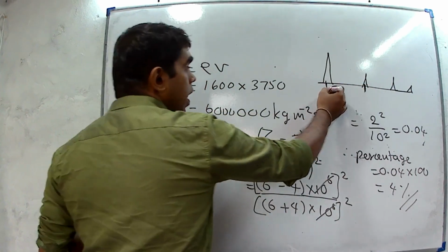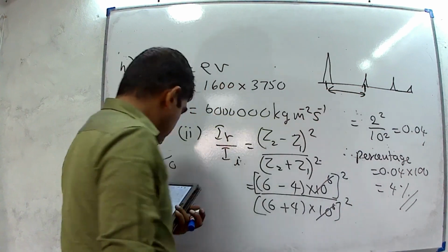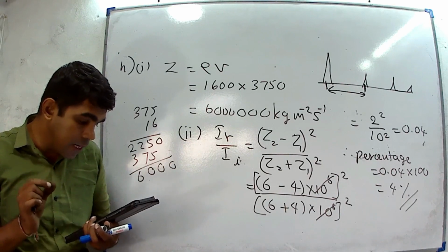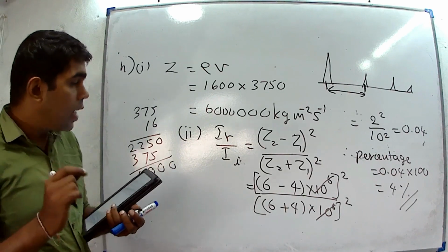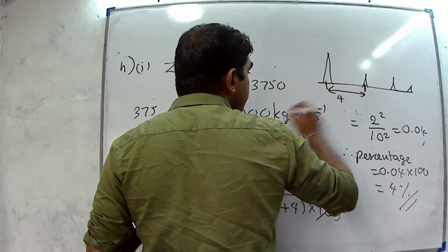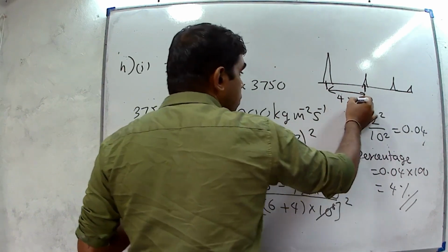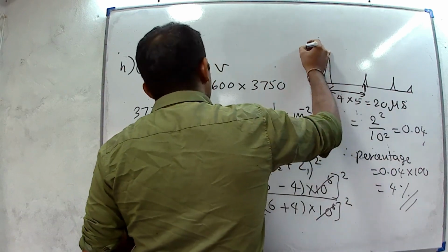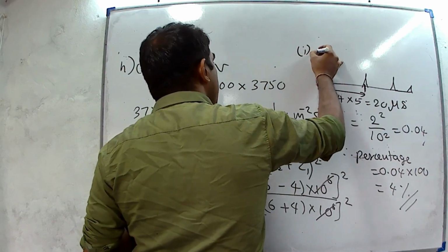We have to get this time difference. They have marked one square as 5 microseconds, and between these two pulses there are 4 squares, 4 into 5, 20 microseconds. It is the answer for part I1.